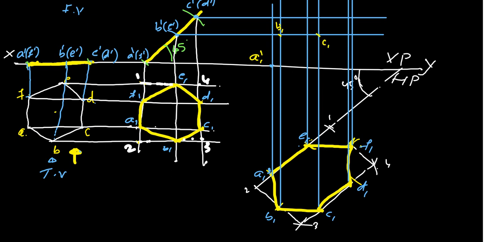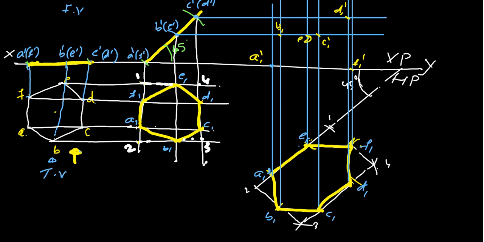D inside, so here D1 dash. F is at the bottom, so this is F1 dash. So A, B, C, D, E are here. E is at the middle one now. This one is E1 dash.